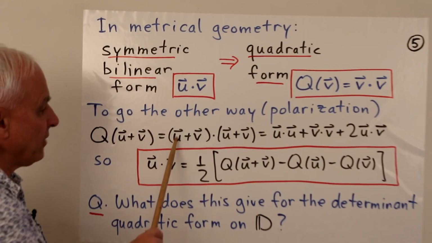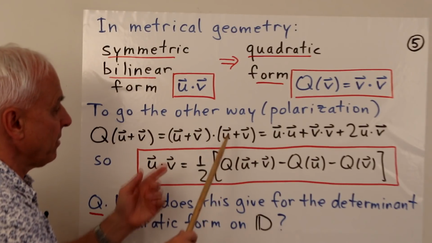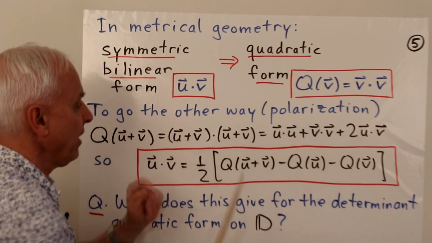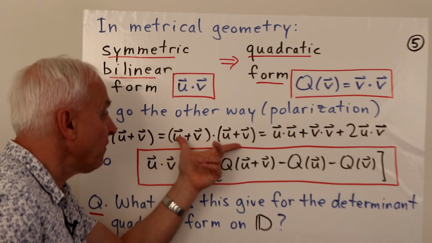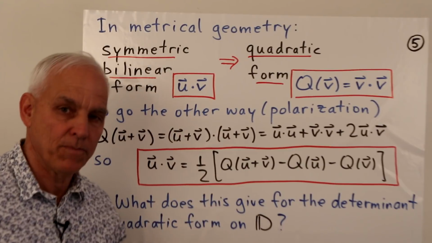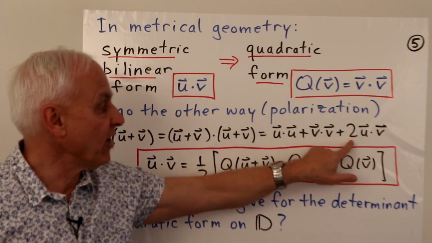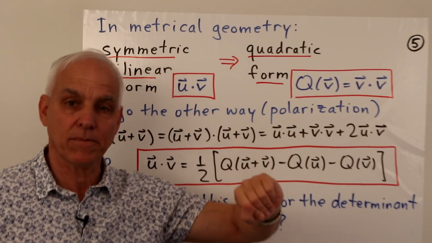And then the symmetric bilinear form aspect is going to be u dot u plus v dot v, and then you get a u dot v and a v dot u. And because we're assuming the bilinear form is symmetrical, that's the same as 2 times u dot v.